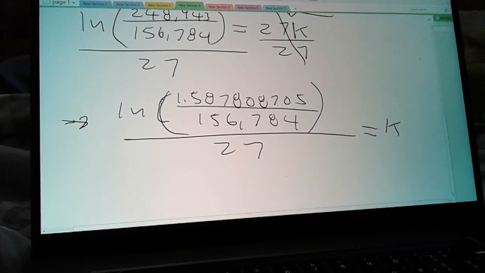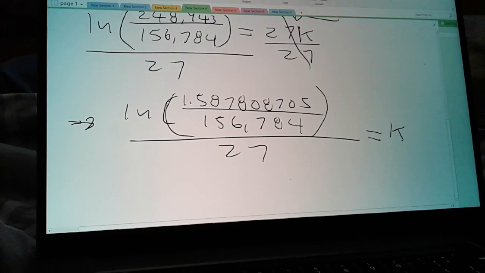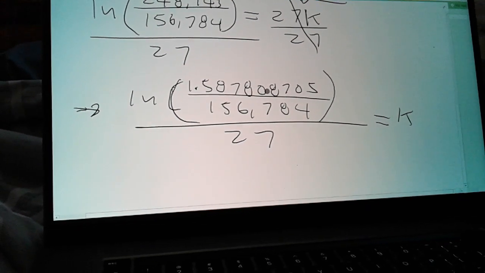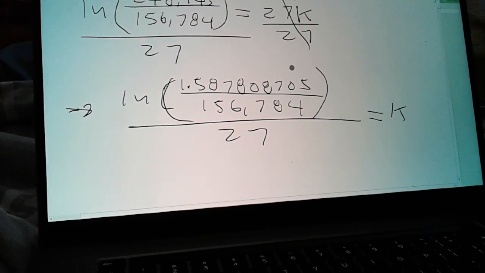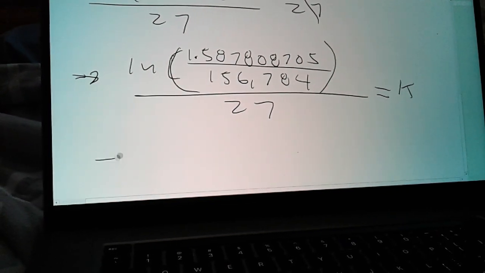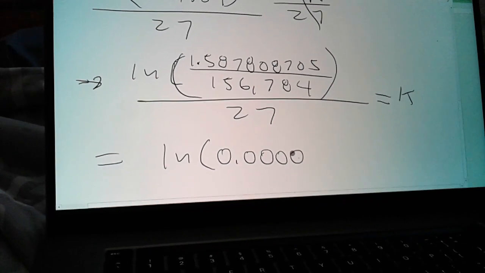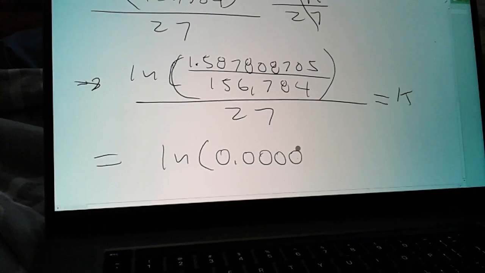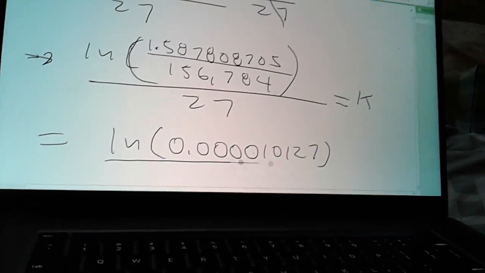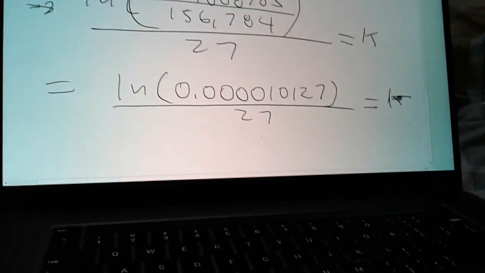So 248,943 divided by 156,784 gives you 1.587808705. So if I divide that by 156,784, then I'm taking the ln of 0.000010127 divided by 27 equals k. It's supposed to be a k.